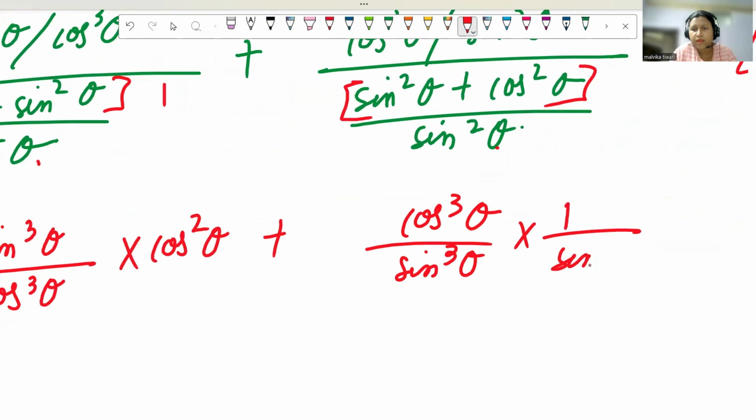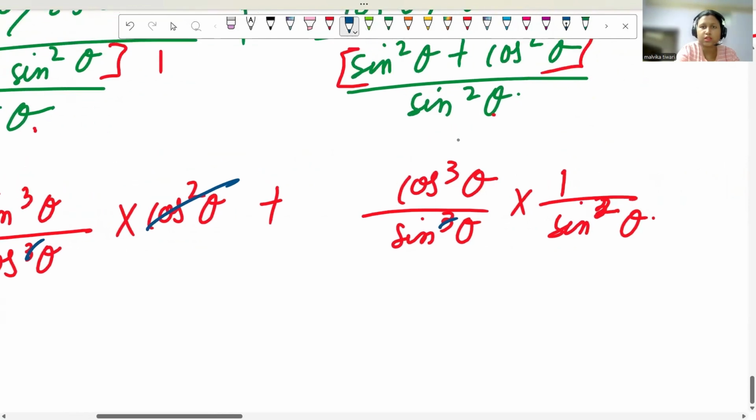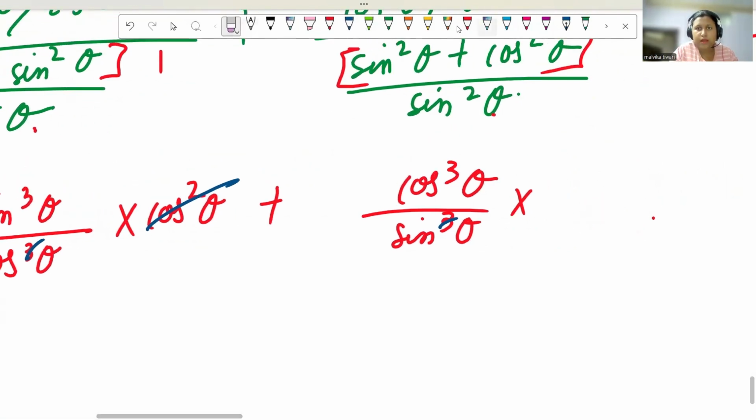Sorry, this one is not 1 by, my mistake, my error. So this is sin square theta. So this cuts down.